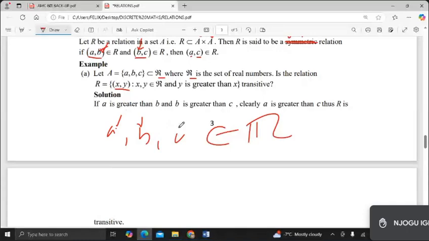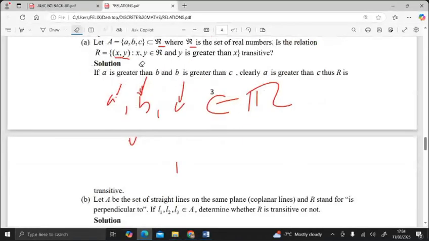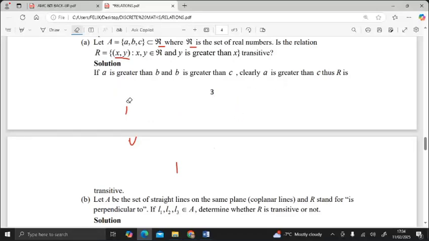If you pick any three real numbers, like in this case A, B, C, members of the set of real numbers, and B is greater than A and C is greater than B, let's even take an example: 2, 5, 11. If 5 is greater than 2 and 11 is greater than 5, automatically 11 will be greater than 2.